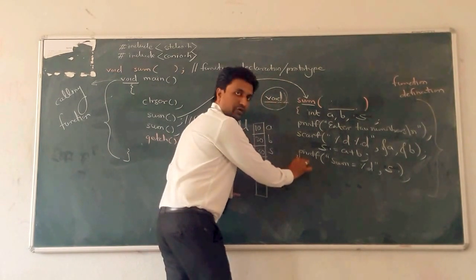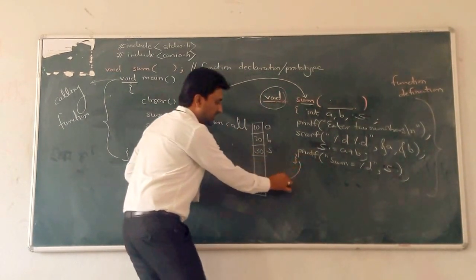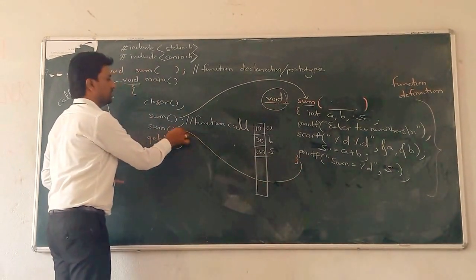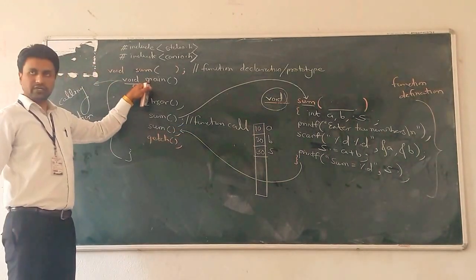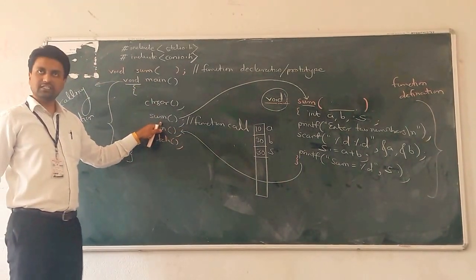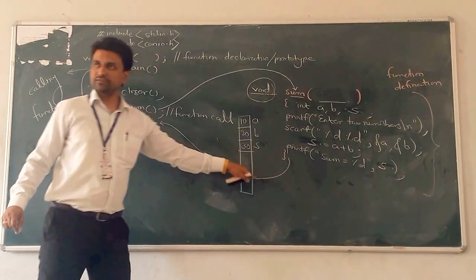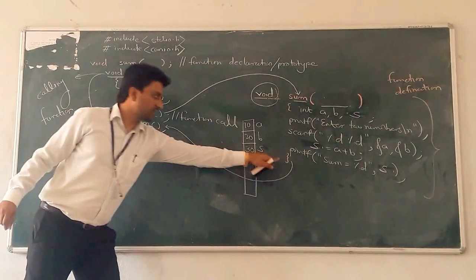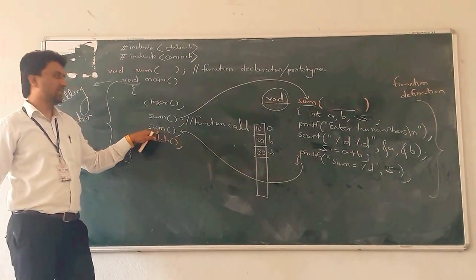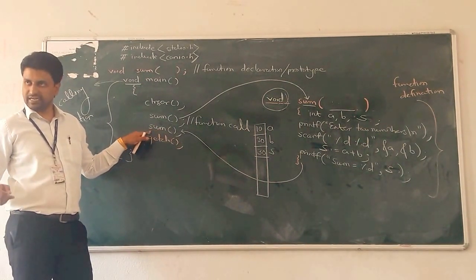After that, the whole body is executed. Then where does the cursor return? To the next line of the main function. Okay, first function call is completed. Then the runtime cursor returns to the next line, which is the second sum call.